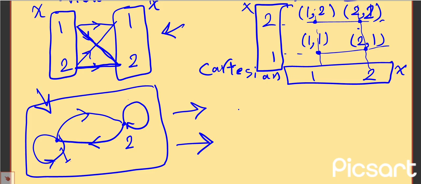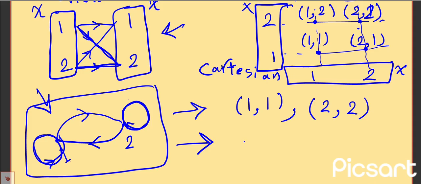It's 1 and 1, because the arrow comes from 1 and gets 1 again. So 1 and 1. And then, can I say 2 and 2? Yes, because the arrow comes from 2 and then gets the 2 again. So 2 and 2.